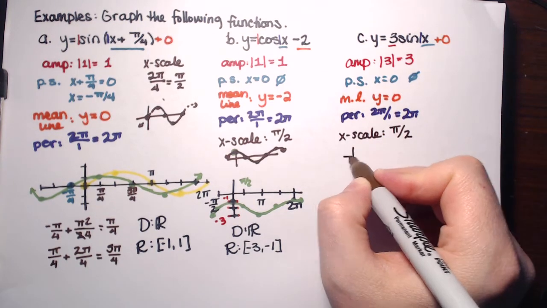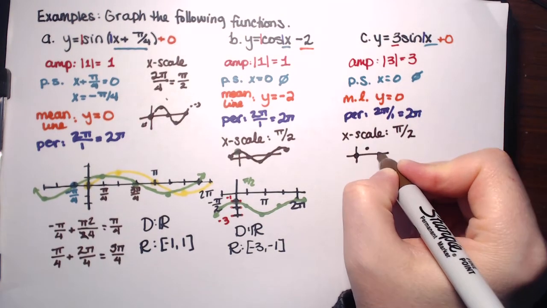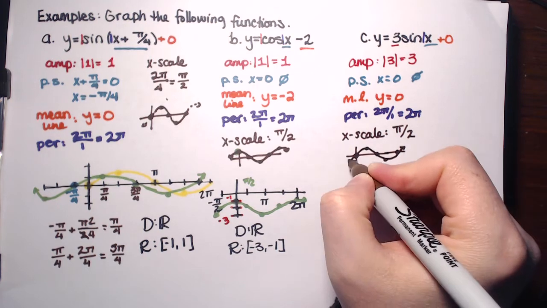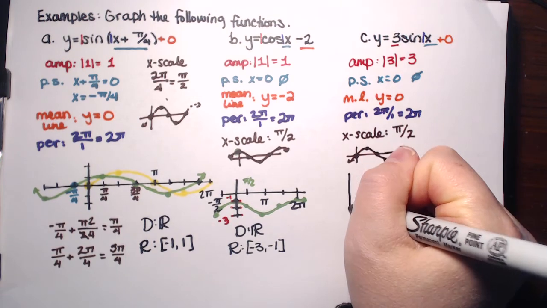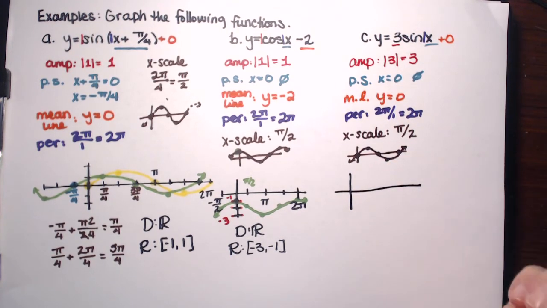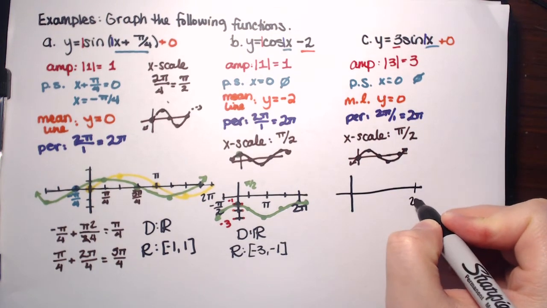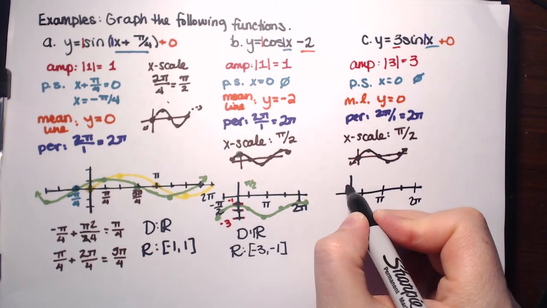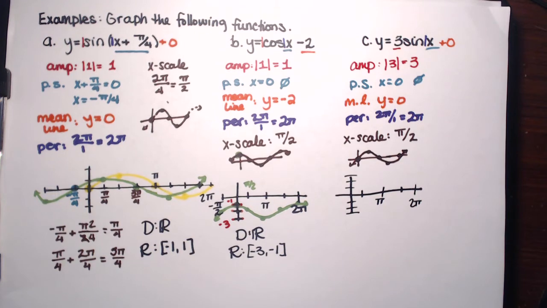And then sine does this. Middle, top, middle, bottom, middle. So all that's changing is the amplitude on this one. So I'm going to need 3 above the mean line and 3 below the mean line.